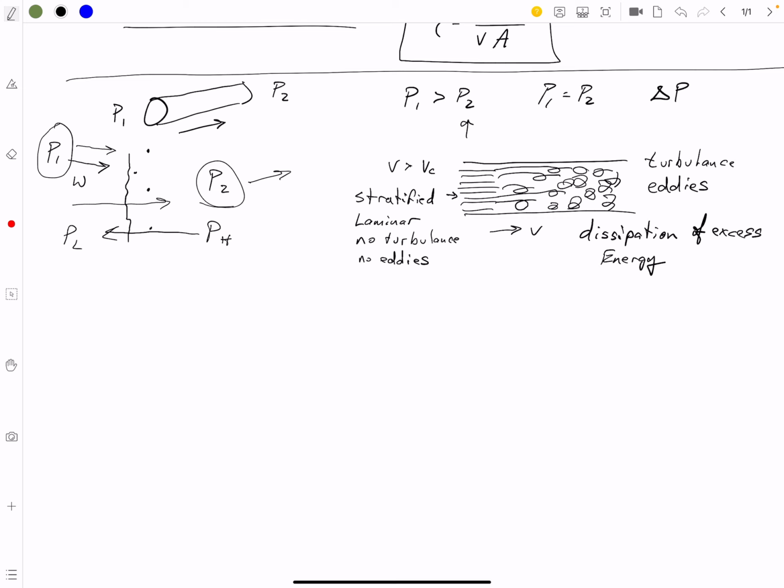Now, why would an obstruction cause this to happen? If you have a laminar flow in a situation and we're keeping the velocity less than or equal to some critical velocity, but we stick an obstruction in the middle, well, that removes some of the area that we're able to use.